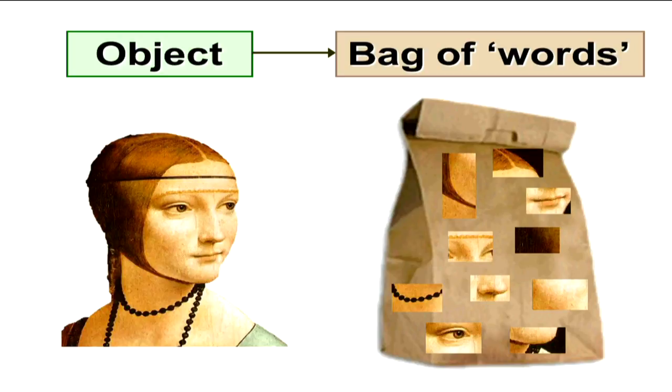Can anyone define bag of words for me? What's a bag of words representation in text? You did a whole bunch of assignments on that in 189, presumably. Yeah? We take all the words and we make a vector with 1 or 0 if the word exists, for example in the sentence or not.